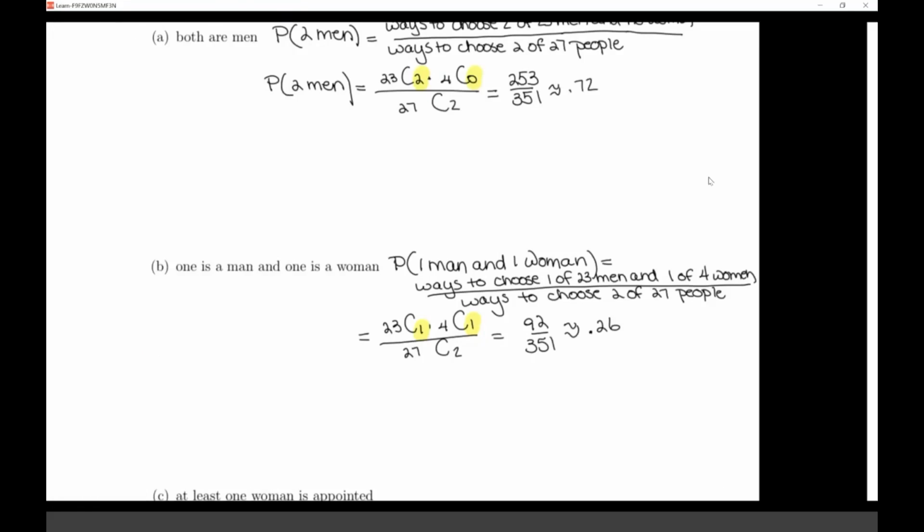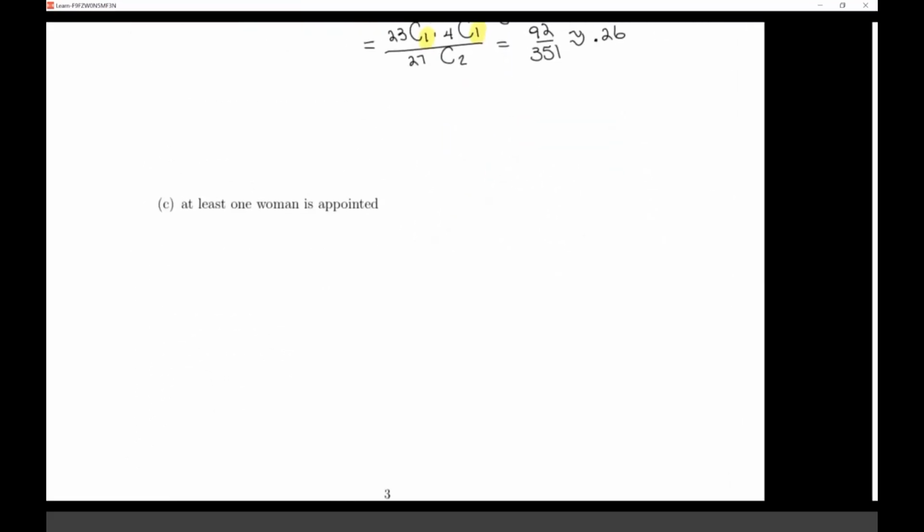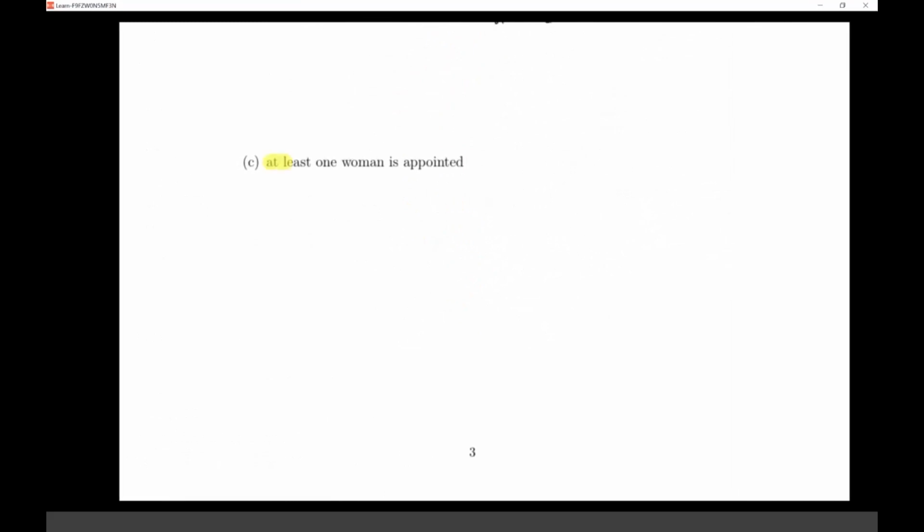The one I really want to show you is part C, and that's this one with at least 1 woman.